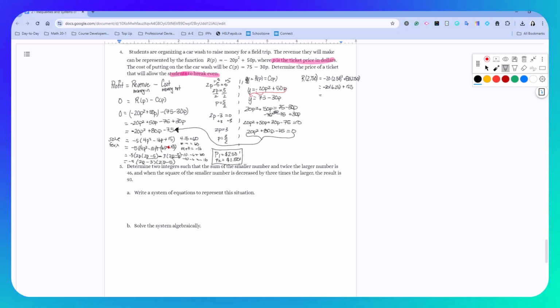Now we got this negative 20 times 6.25, which is negative 125, plus 125, which equals 0. It's kind of what we thought because we knew this was a break-even point.